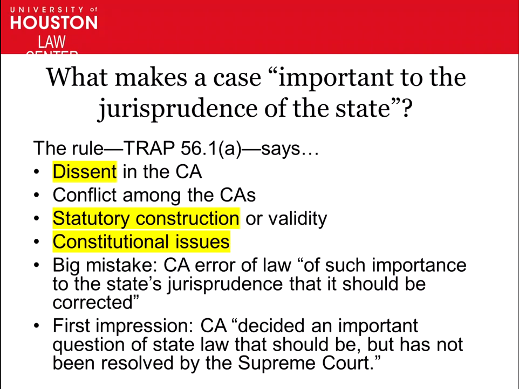So that could be really an error correction, not necessarily a new rule, but that's still going to get their attention and is an important consideration in granting review. The last item mentioned in 56.1A is an issue of first impression: that the Court of Appeals decided an important issue that should be resolved by the Texas Supreme Court, but hasn't been yet.